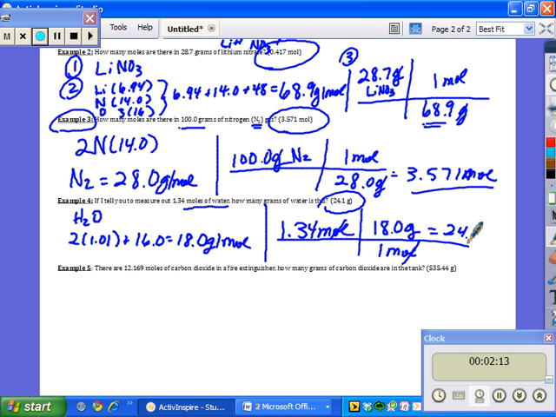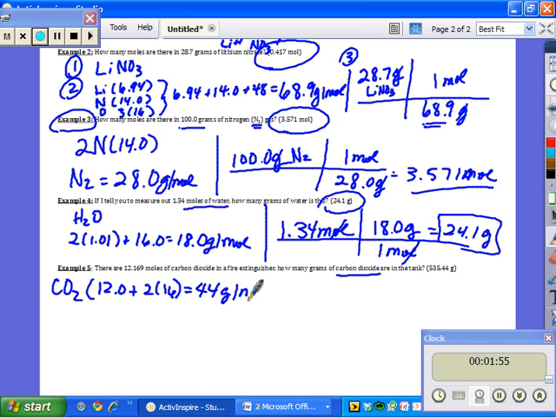Last one. Make sure you try it by yourself. Now, carbon dioxide, CO2, molar mass. Carbon is 12, and 2 oxygens at 16 equals 44 grams per mole. Step 3, I'm going to write a DA problem. 12.169 moles in a fire extinguisher.